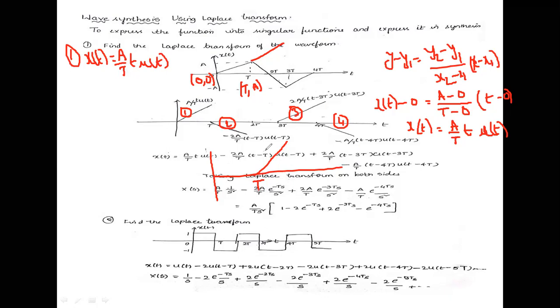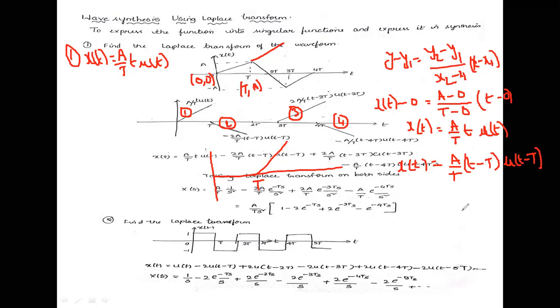Now what is the value here? It gives x of A by capital T, and this t is now shifted, so t minus T, and it is also mu of t minus T.